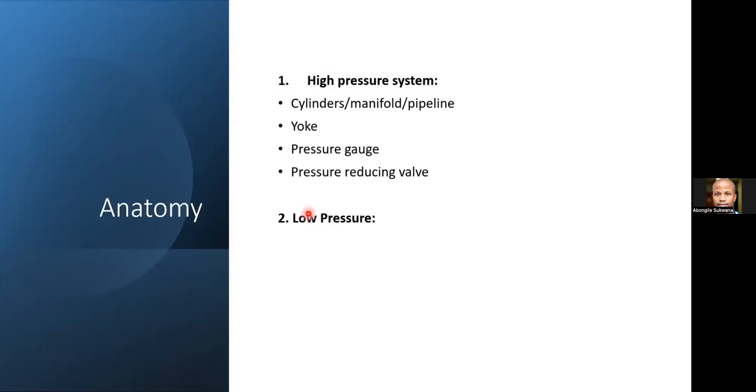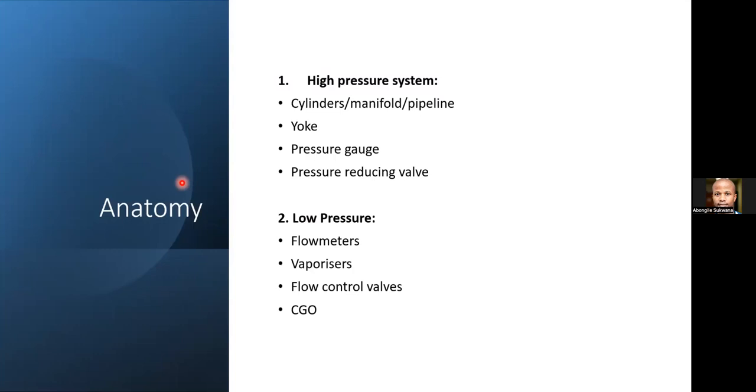Then what divides the high pressure system from the low pressure system is the flow control valve. So they will divide these pressure zones. The low pressure system is the flow meters. Some call them rotameters, still the same thing. Vaporizers, flow control valves, and then the common gas outlet.